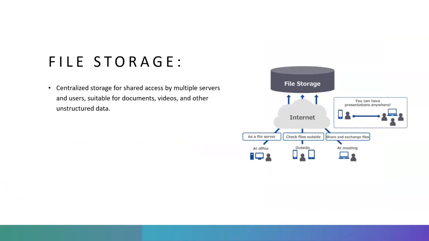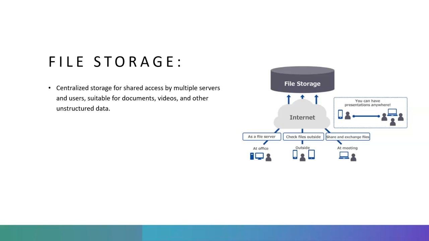We also need a file storage system, in which we have two kinds of system: one is called decentralized, and another is called centralized. The centralized storage system provides shared access for multiple servers, and the users are also sharing the data. It's suitable for documents, videos, and other kinds of unstructured data.